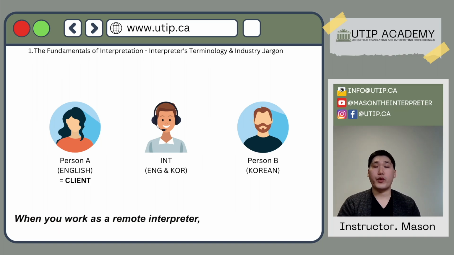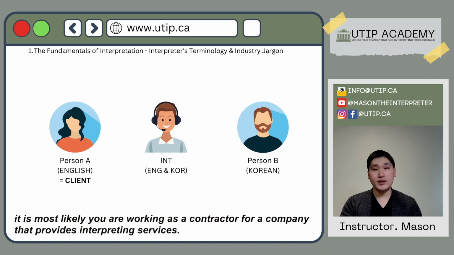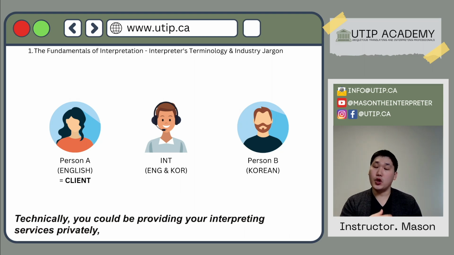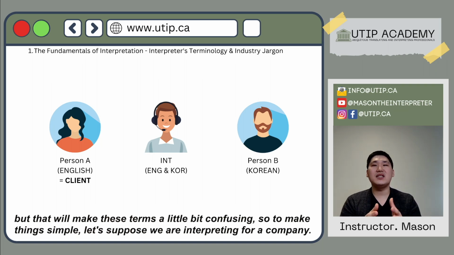When you work as a remote interpreter, it is most likely you are working as a contractor for a company that provides interpreting services. Technically, you could be providing your interpreting services privately, but that will make these terms a little bit confusing. So to make this simple, let's just suppose we are interpreting for a company.